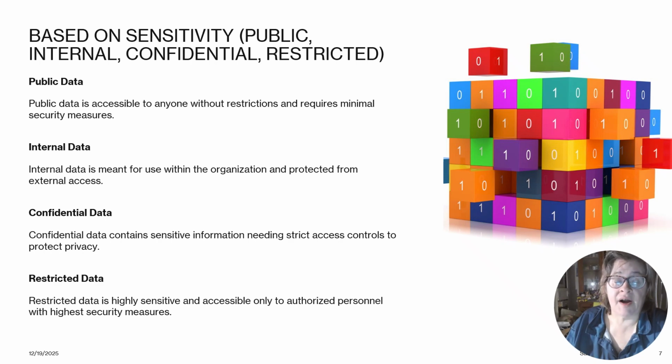So internal data is meant for within the organization. Confidential data contains sensitive information needing strict access control, and restricted data is highly sensitive and accessible to only authorized personnel with highest security level, and public is available to anyone.